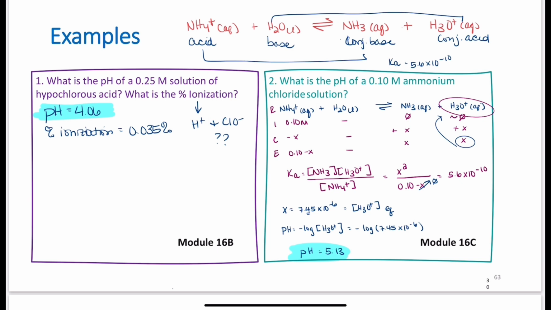To check the assumption, you just do the same thing we did for percent ionization. I'm going to take the amount that's dissociated, divide it by the amount I ignored it from, and multiply by 100. So check assumption.